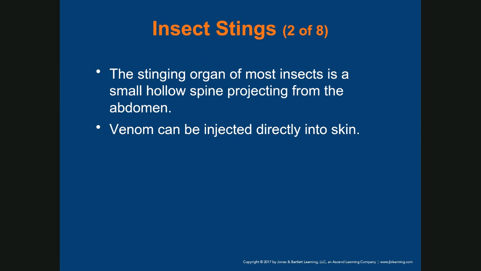The stinging organ of most insects is a small hollow spine projecting from the abdomen. Venom can be injected directly into the skin. And I'm hoping at this point we know the ways that allergens can enter: inhalation, injection, ingestion, absorption.